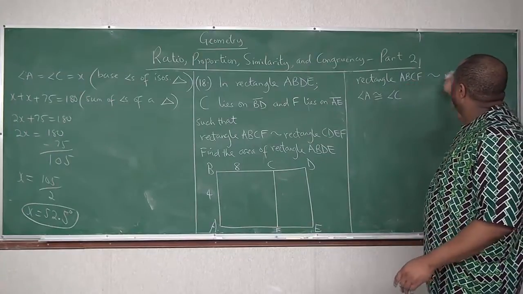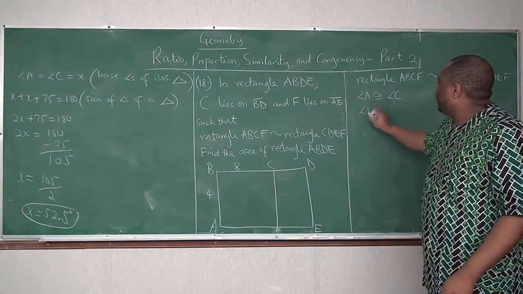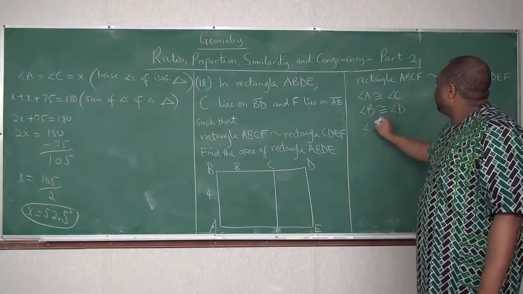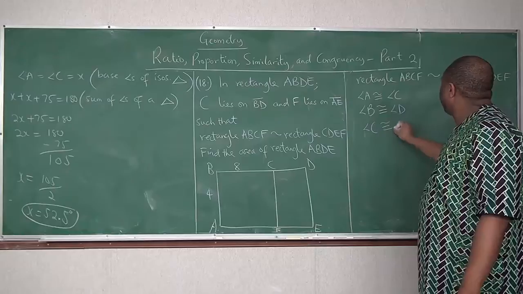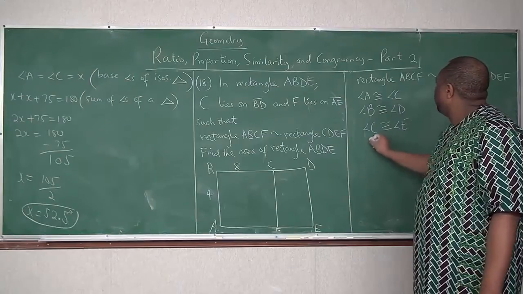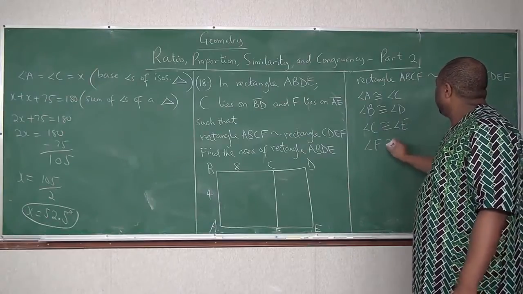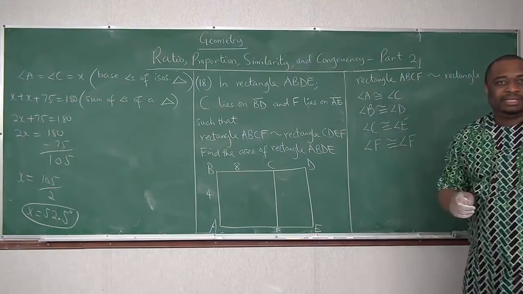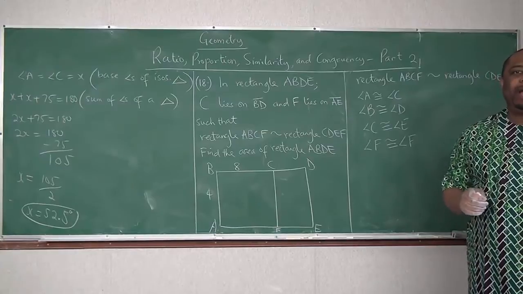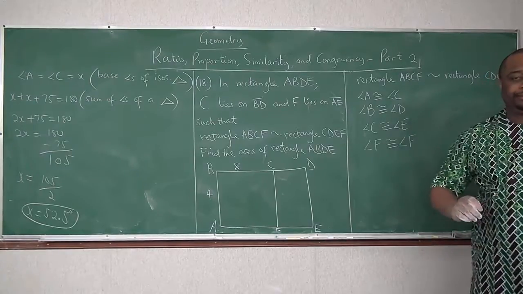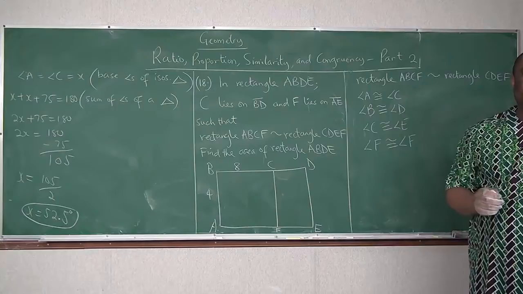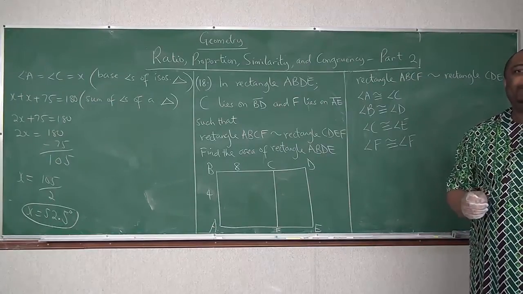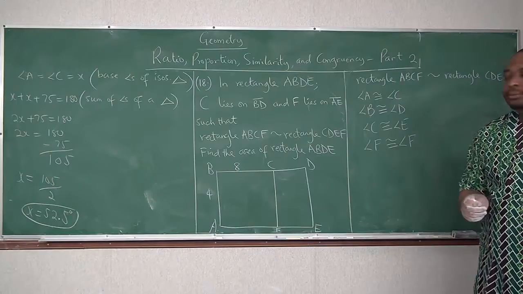You will see that angle A is congruent to angle C, angle B is congruent to angle D, angle C is congruent to angle E, and then angle F is congruent to angle F. This is the number one requirement for similarity. The corresponding angles are congruent.